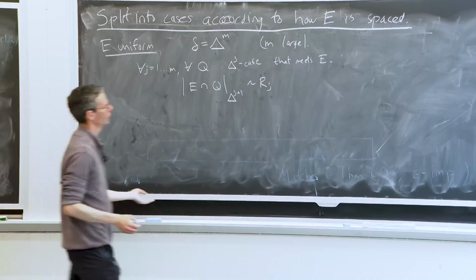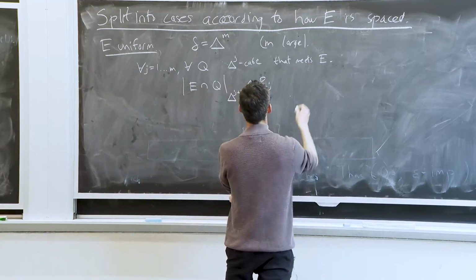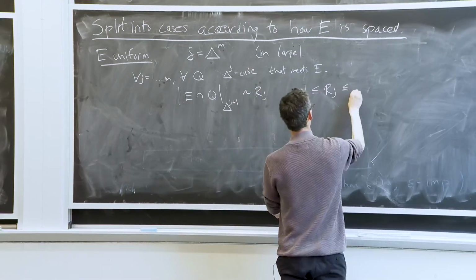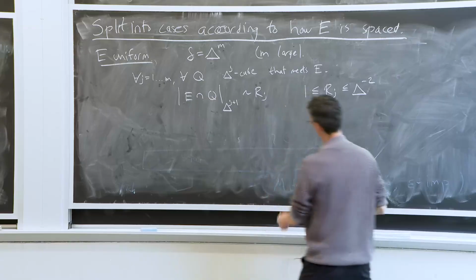OK. So I'll draw some pictures in a moment. The smallest this r_j could be is 1, and the biggest it could be is big Delta to the minus 2.